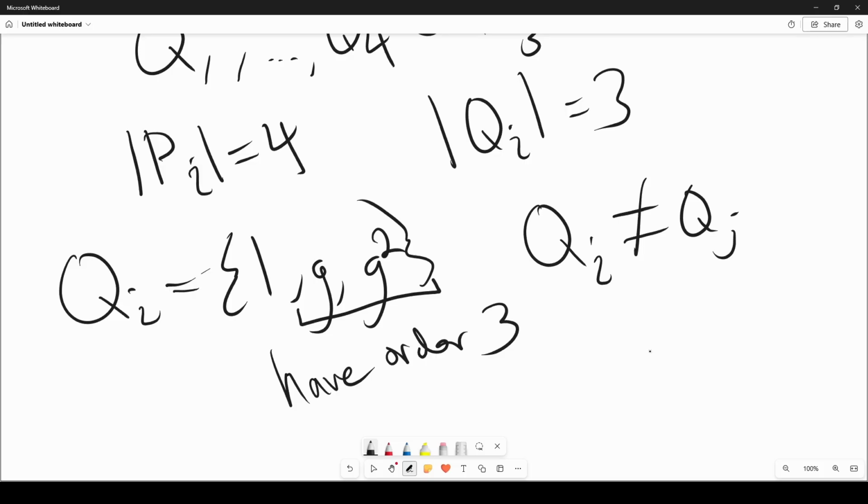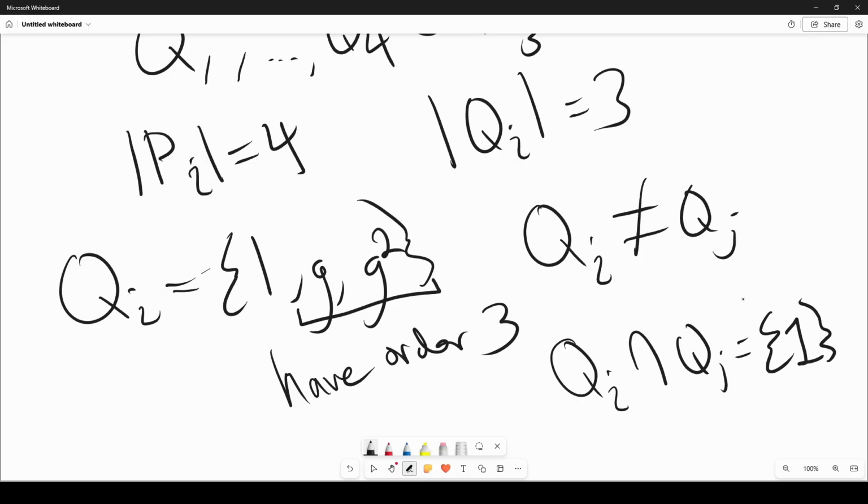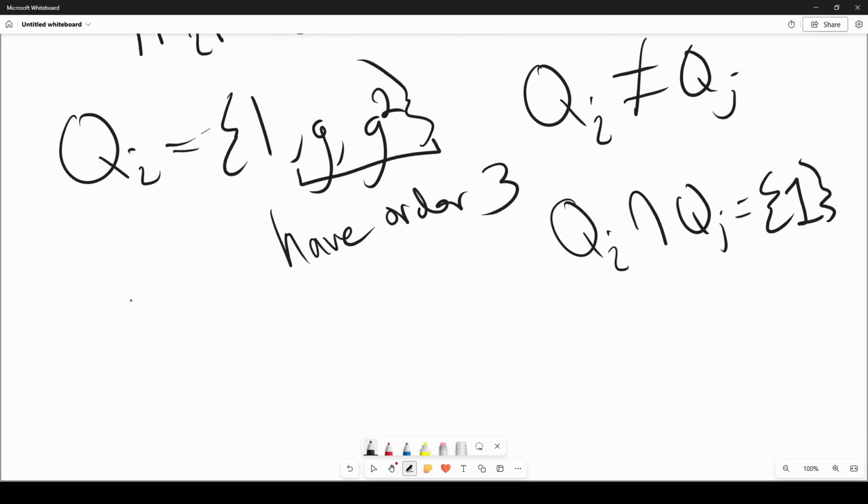In fact, their intersection has to just be the identity. You can think through this yourself. If I have qj, which maybe equals 1, h, h squared, you can pretty clearly see that if there's any intersection, for example, if h was g or h was g squared, they would be equal to each other. So this can't be the case.